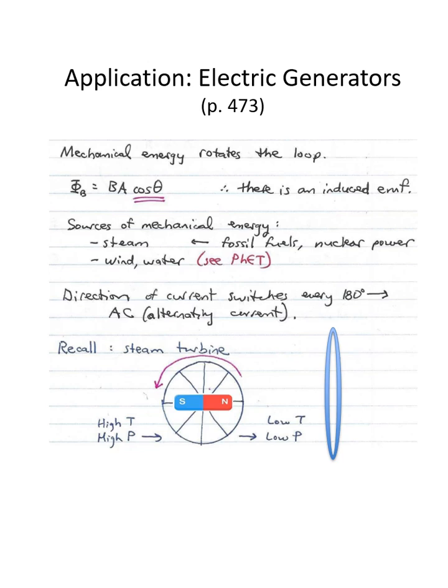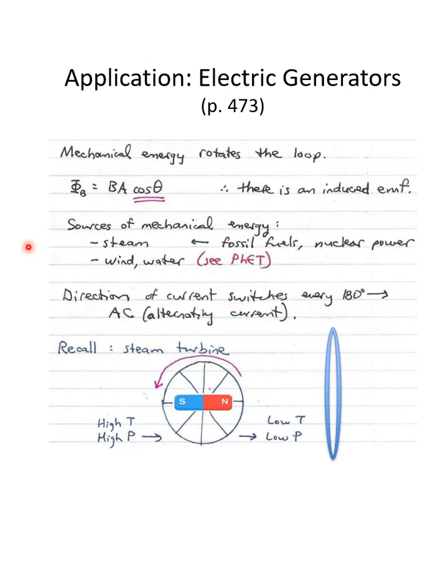But the point is, through some rotation, you have a continuously changing magnetic flux through the loop. Remember that flux is BA times cosine theta. And with that changing cosine theta, there is a continuous induced electromotive force.